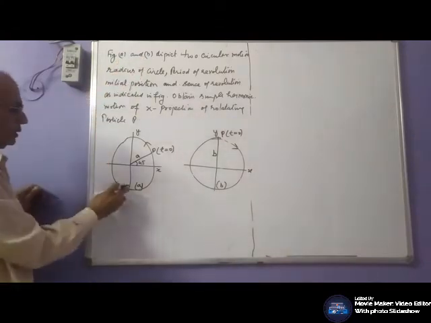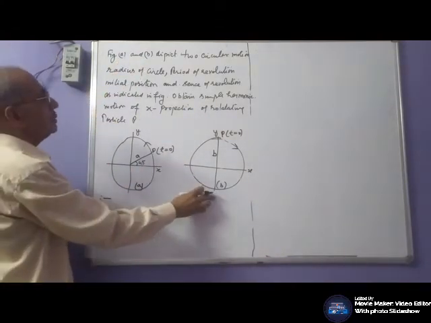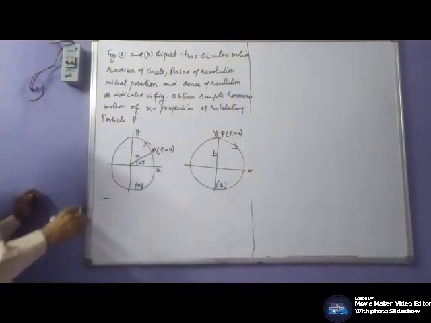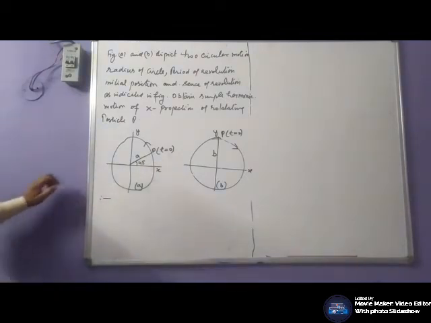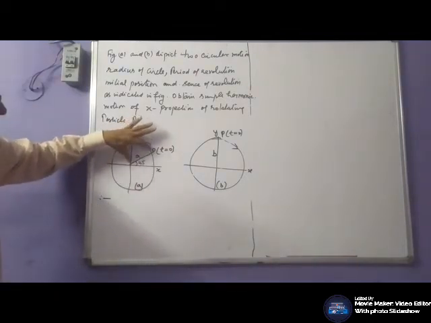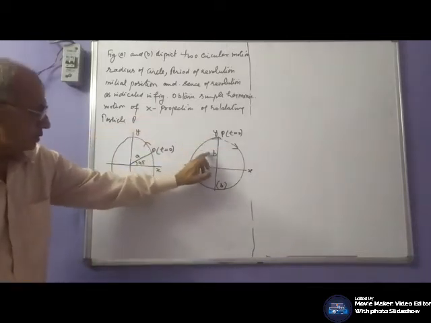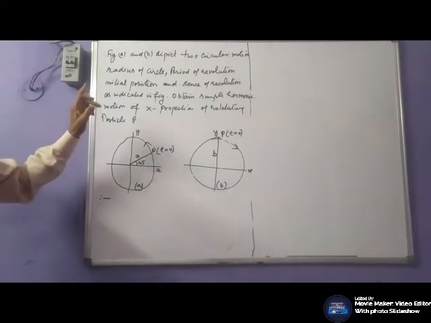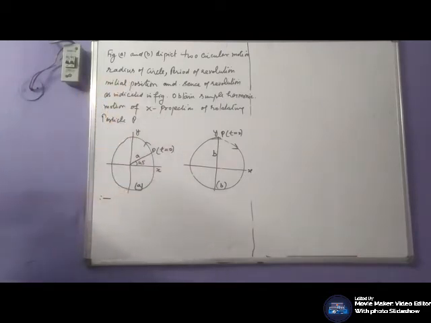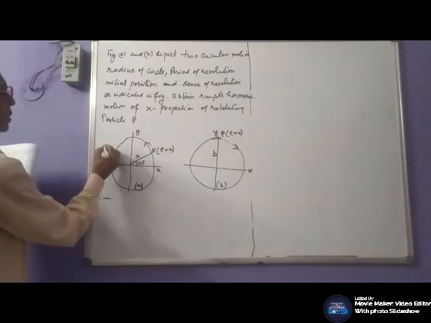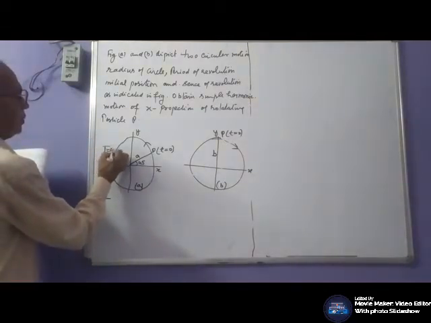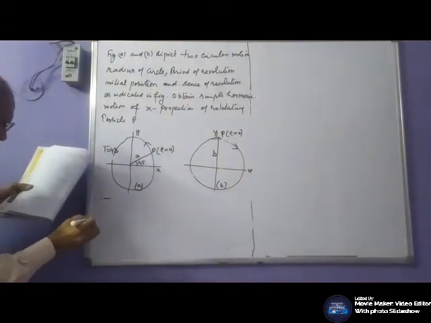Figure A and B. This is figure A, this is figure B. They depict two circular motions. Radius of circle: for A the radius is A, for B the radius is B, shown in the figure. Period of revolution.